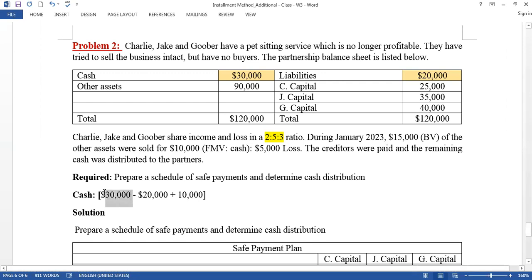Our balance $30,000, we pay liability, and we receive cash $10,000 from selling our non-cash asset. So what is the balance now? $20,000. So this is the payment available to make at this moment.